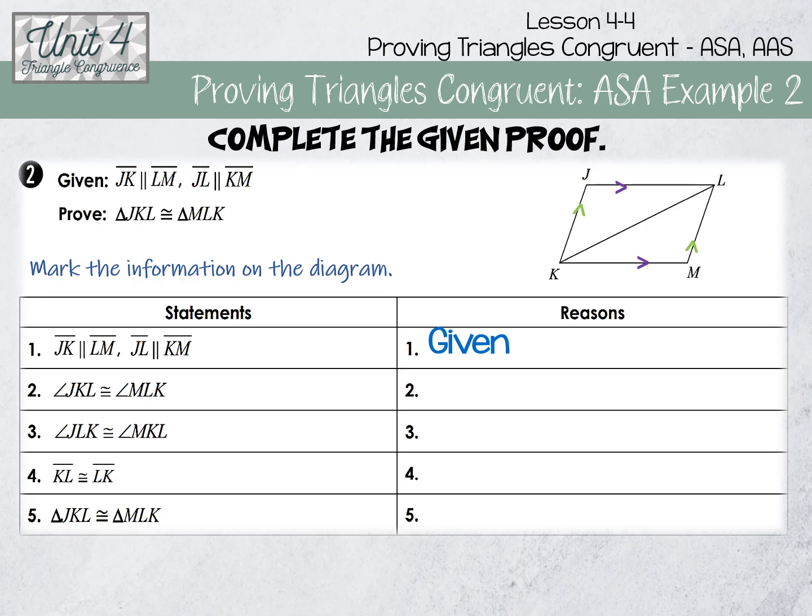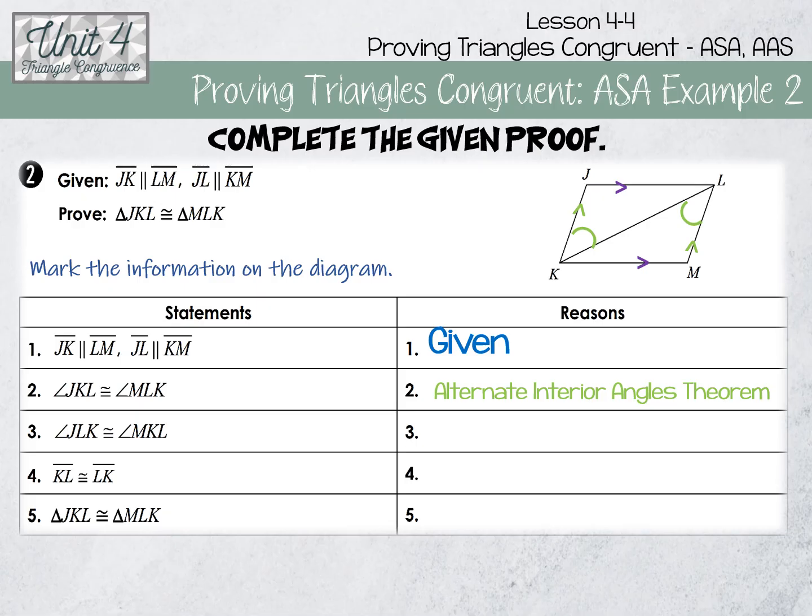Angle JKL, look on the diagram as you read the name, is congruent to angle MLK. Those two angles are alternate interior angles. And if the lines are parallel, then alternate interior angles are congruent. That's the theorem.